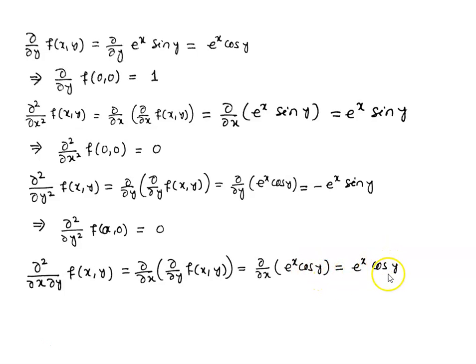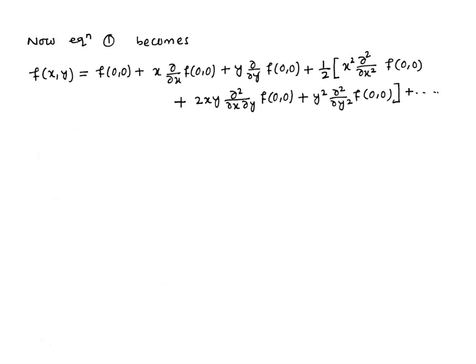We have taken cos y as it is, and the derivative of e^x is e^x. And at the point (0, 0), this is 1, because replacing x and y with 0, 0, e^0 is 1 and cos 0 is 1. So we have 1.